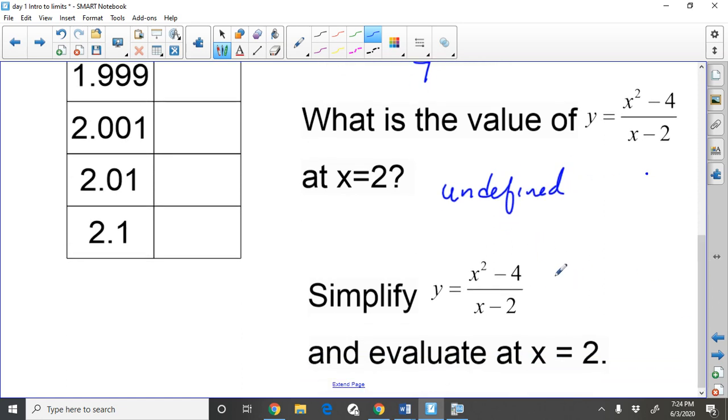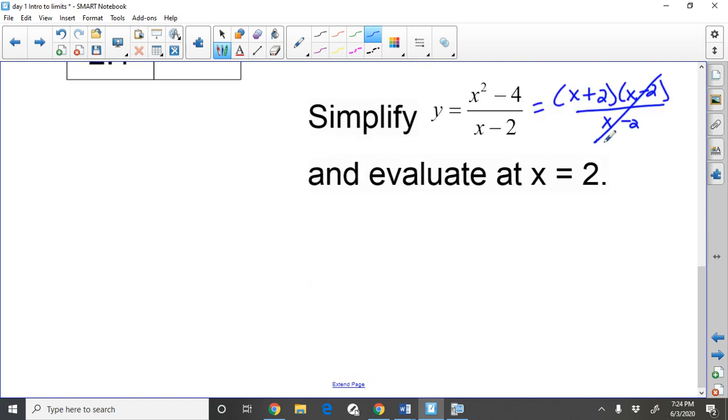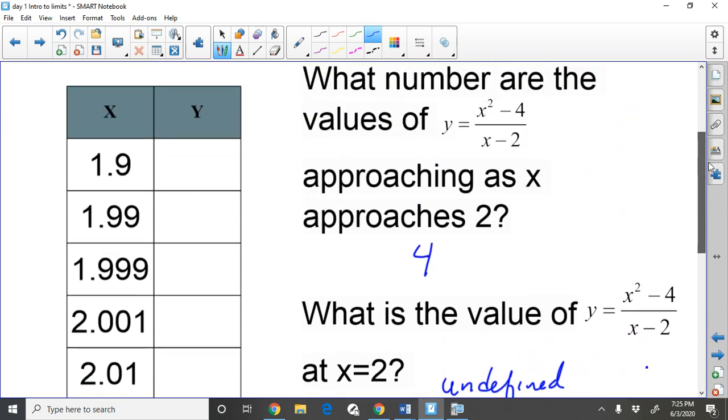But here's something that we can see. This function simplifies. If I take this numerator and factor it and cancel out the x minus 2's, remember that's a hole in the graph, I get that this function simplifies to just x plus 2. And if I plug in x equals 2, I get the same value that was the limit.